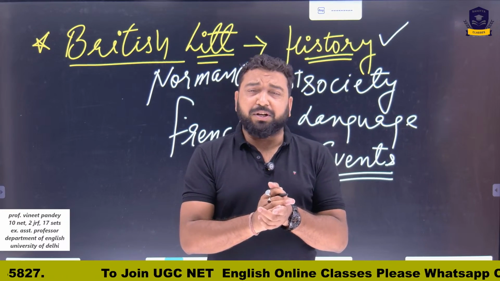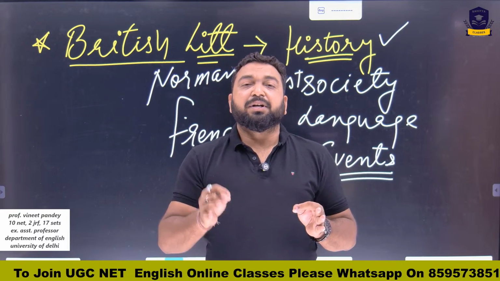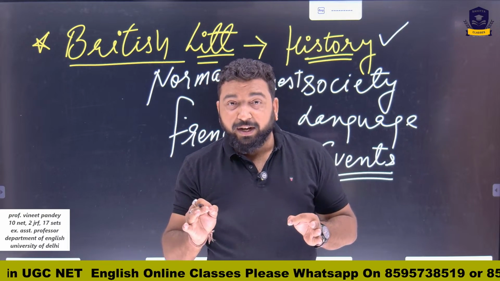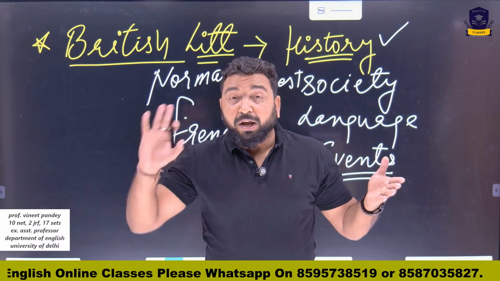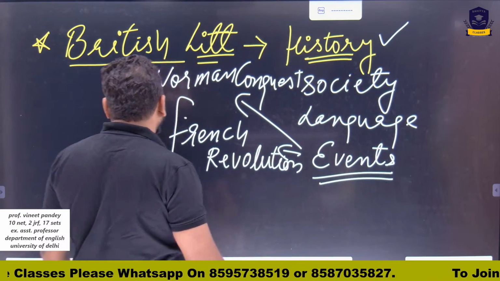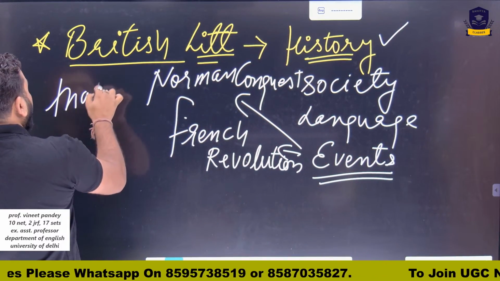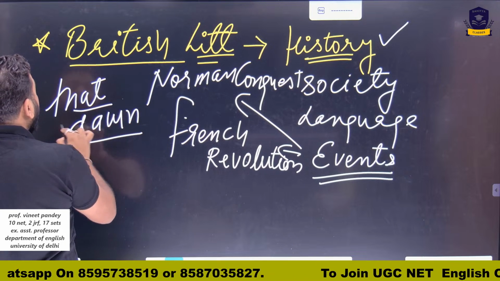There's a very famous quotation. The quotation is simple: Bliss was it in that dawn to be alive, to be young was very heaven. Bliss was it in that dawn. So I'll write it for you. Bliss was it in that dawn. What is that dawn?